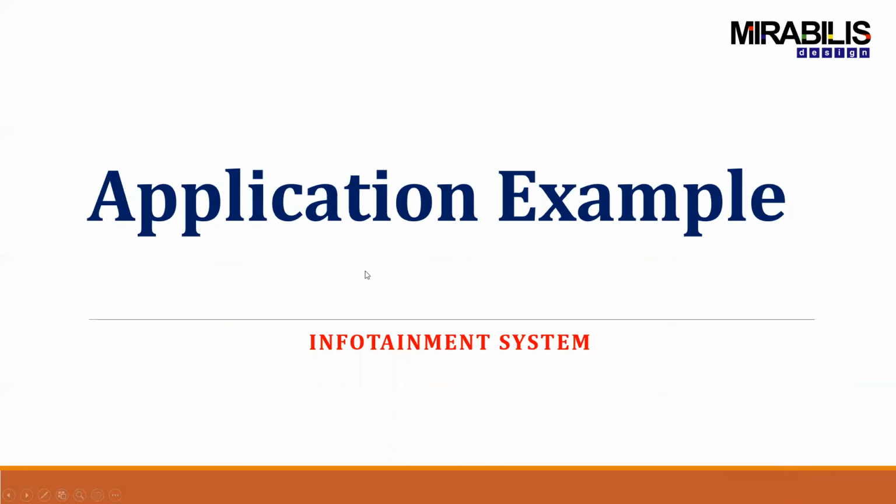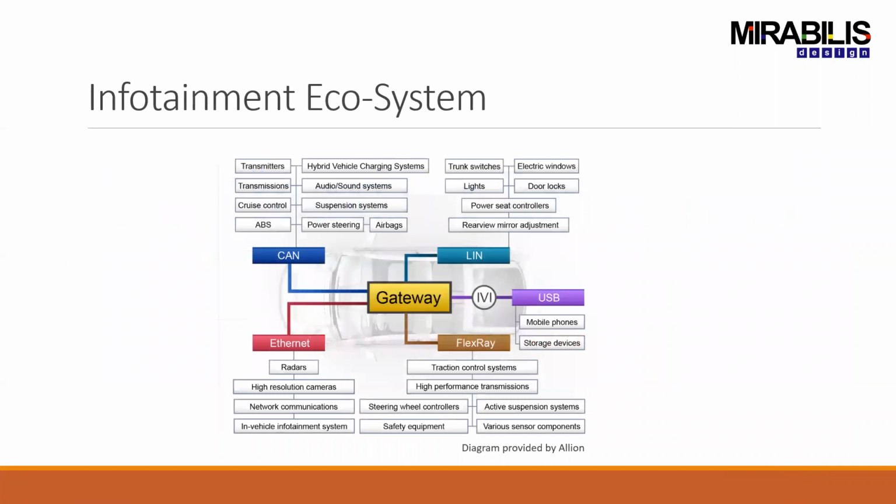So what we're going to do now is take an example and walk you through how this would apply in a real system. So we've taken an infotainment system. The reason an infotainment system is very interesting is because of the fact that there are a lot of attributes that go into an infotainment system.